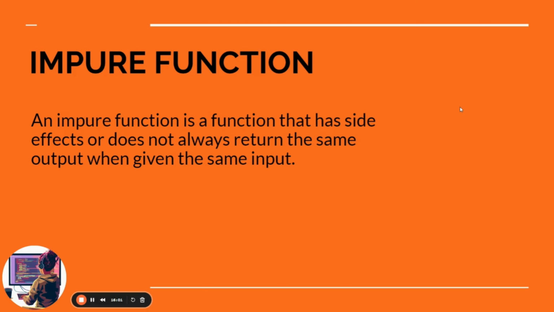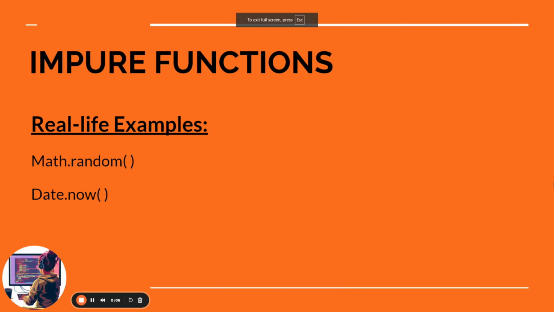If a side effect is expected, then it is totally fine, because you as a developer, when you are coding, know that okay, we will get a side effect. But if you write a function and a side effect is not expected, but still you are getting a side effect from it, then that becomes a problem. So that's why we need to understand the concept of side effects also when we are studying pure and impure functions. Hope this gives you clarity about everything, right?